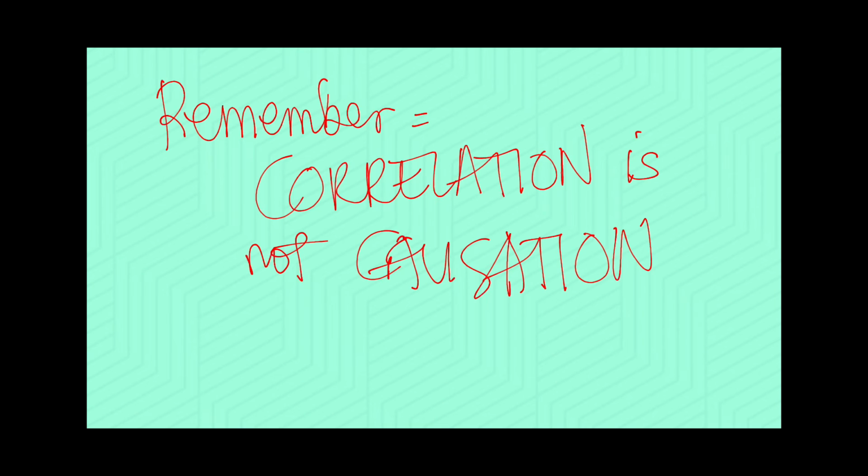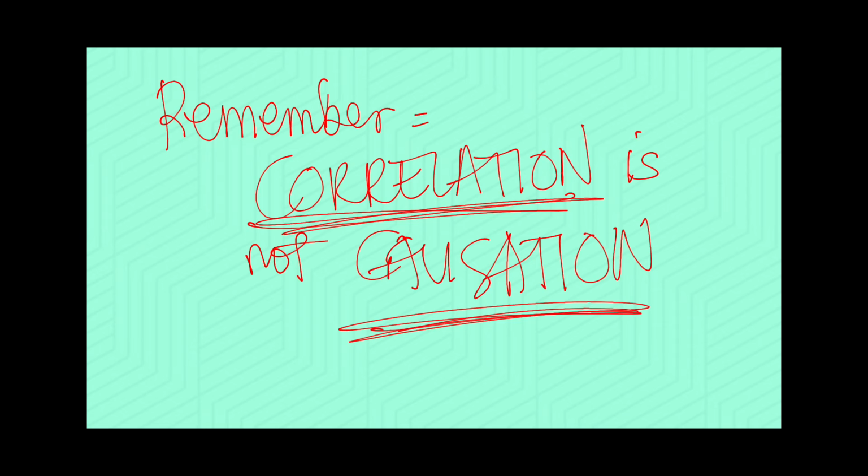But before I continue, I would like to always remind you that correlation is not causation, right? So if the two variables empirically demonstrate some form of significant correlation, it doesn't necessarily mean that variable A is the cause of variable B. There are so many statistical tests and there are different research designs that you need to do to actually establish causation.